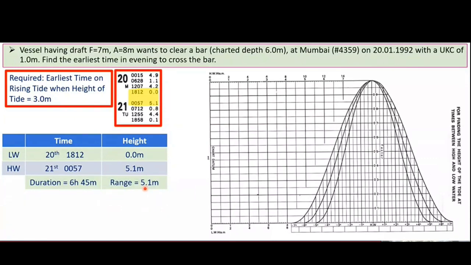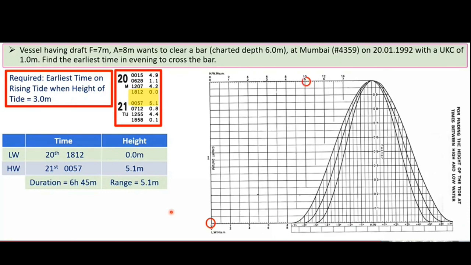We need to know the time when the height of tide shall be 3 meters. So we come on this side and start plotting. We decide on the scale. Our high water height is 5.1, so we can use the bigger scale, that means the 0 to 7 and 0 to 41 here. We mark the low water on the low water scale, 0.